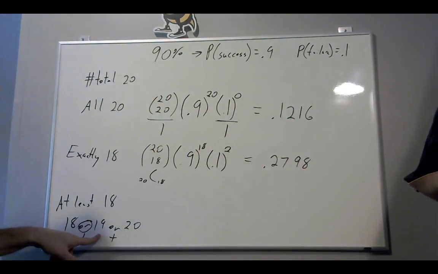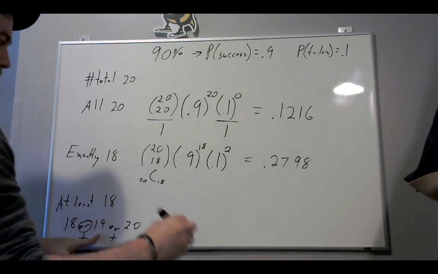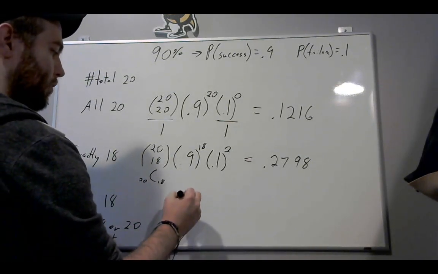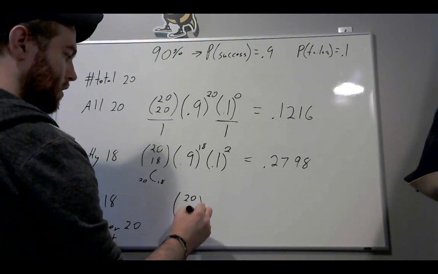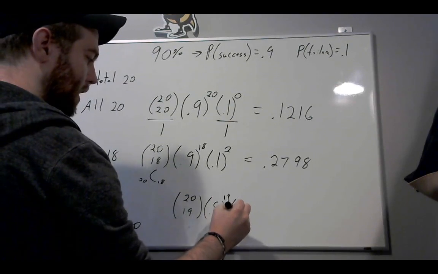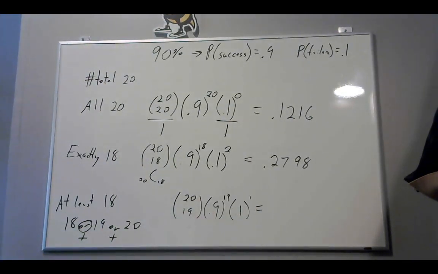So we just need to find the probability for 19. So for 19, that would be 20 choose 19 times 0.9 raised to the 19th times 0.1 raised to the 1. Plug that into our calculator.